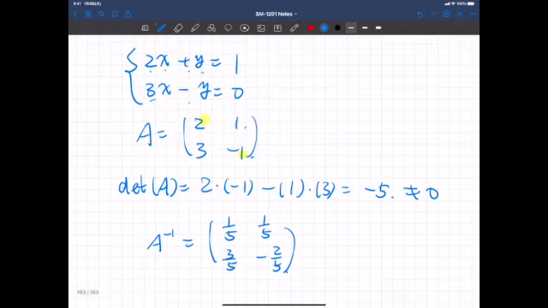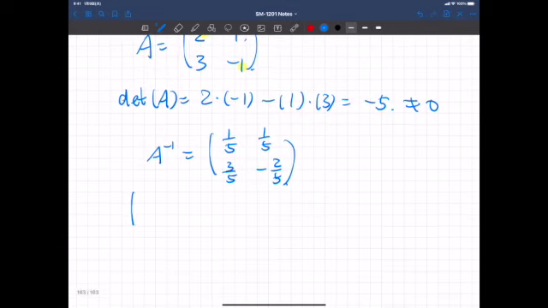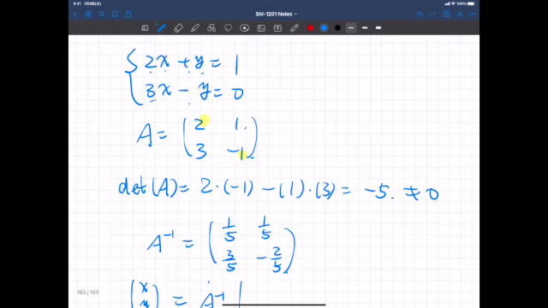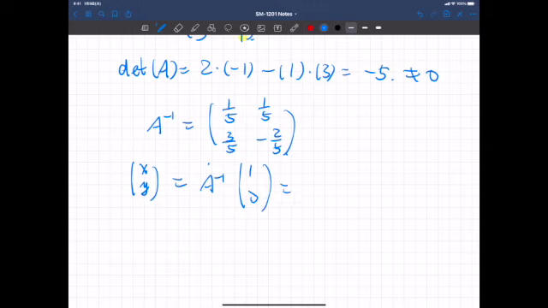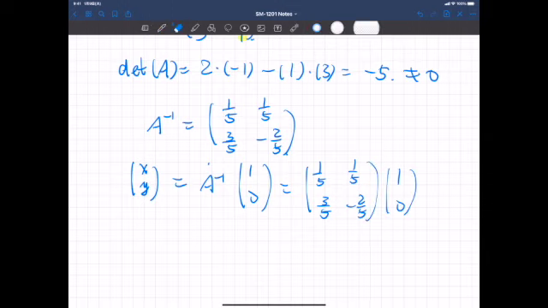So (x, y) is the inverse of A times (1, 0).